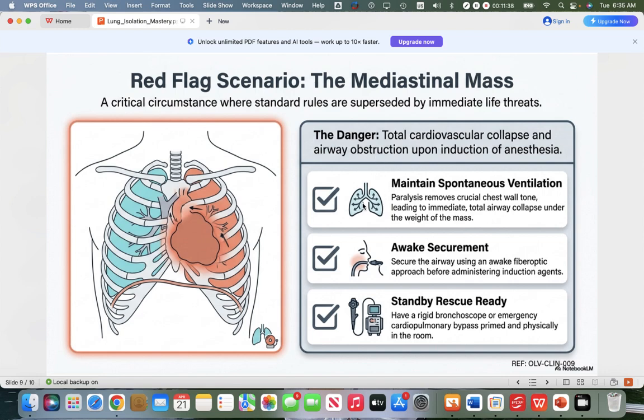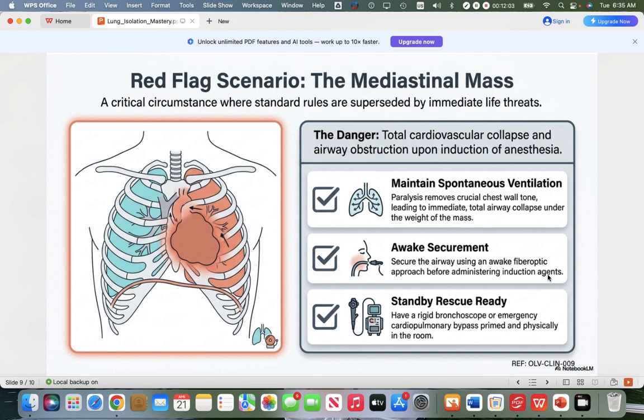So what can we do? First, maintain spontaneous ventilation. Why? Because paralysis removes crucial chest wall tone, leading to immediate total airway collapse under the weight of the mass. 2, we can do awake intubation. Secure the airway using an awake fiber optic approach before administering the induction agent.